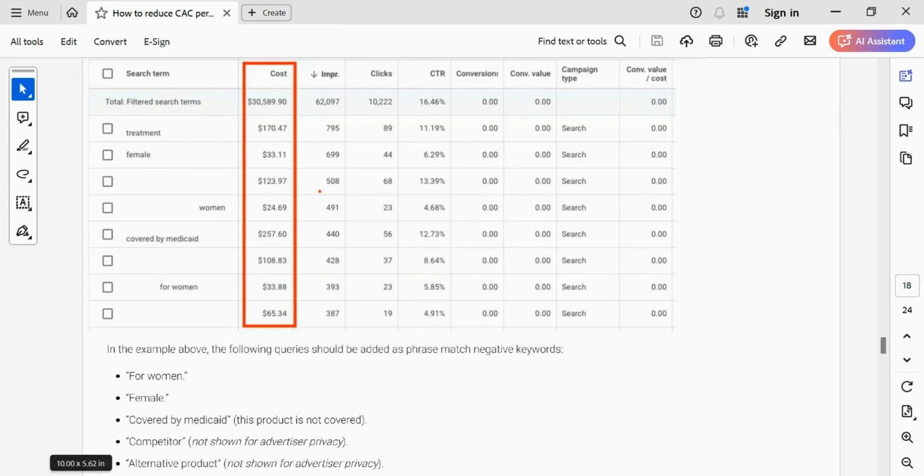They also negated alternative product, so some other product. When a user is searching for a competitor product, which is not always true, but sometimes it happens, if a user is searching directly for a competitor brand, it is very difficult to convert them to your brand. So this is an extra precaution by this company.